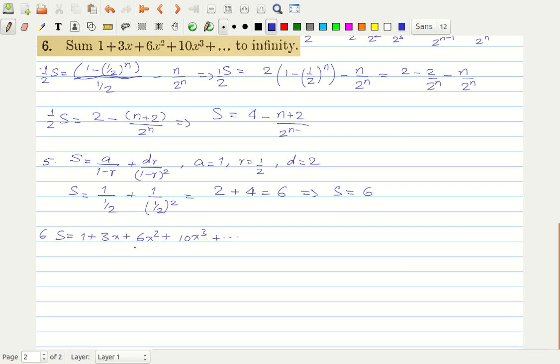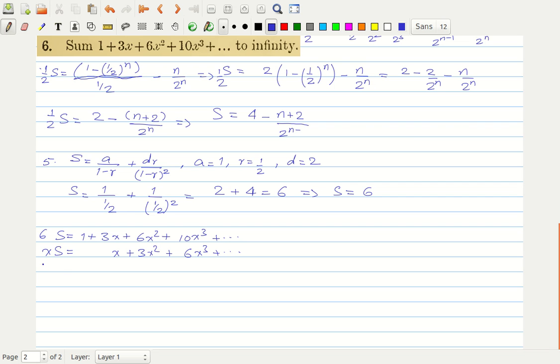Now we know that there is some common ratio x, because each term is getting multiplied by x. So let us multiply left hand side by x. So this becomes x, so we will write it below 3x. 3x becomes 3x square, 6x becomes 6x cube, and so on, right?